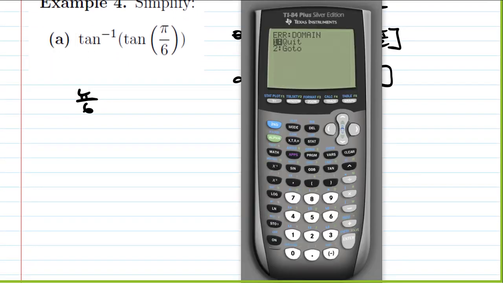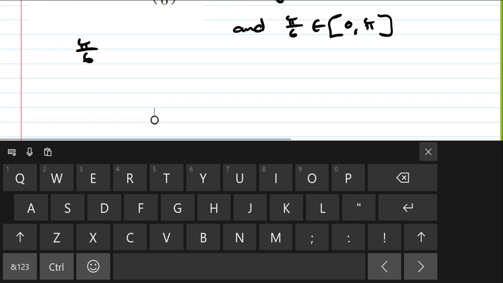We could check that on our calculator if we wished. We have pi divided by 6, which gives us this. Then we take the tangent inverse of the tangent of pi divided by 6, and indeed they are the same. So when we check on our calculator, it agrees with our assessment.